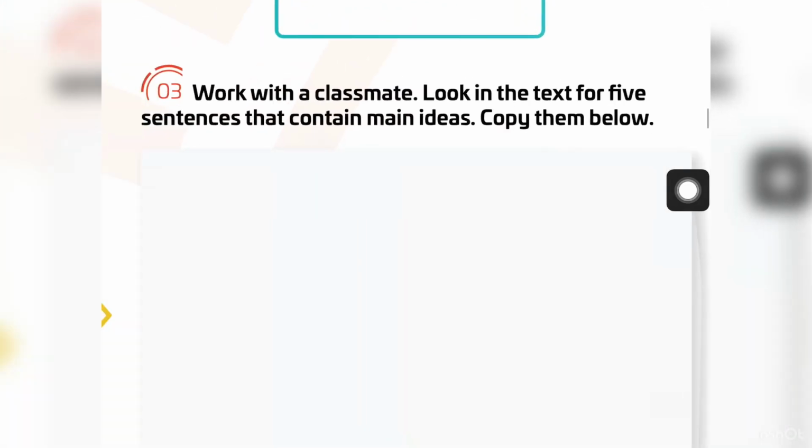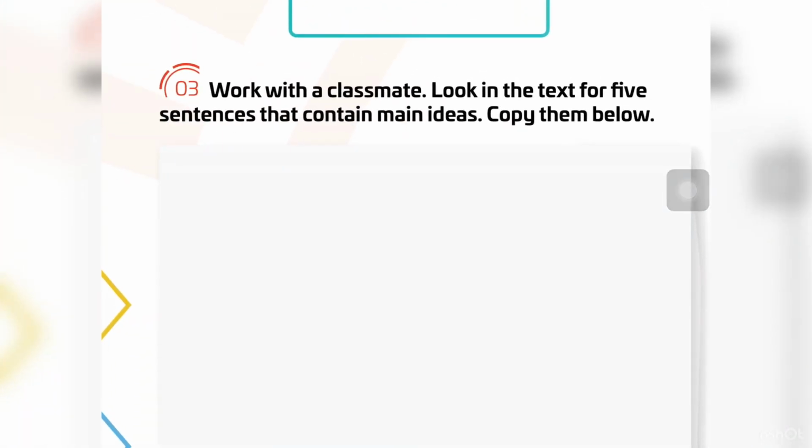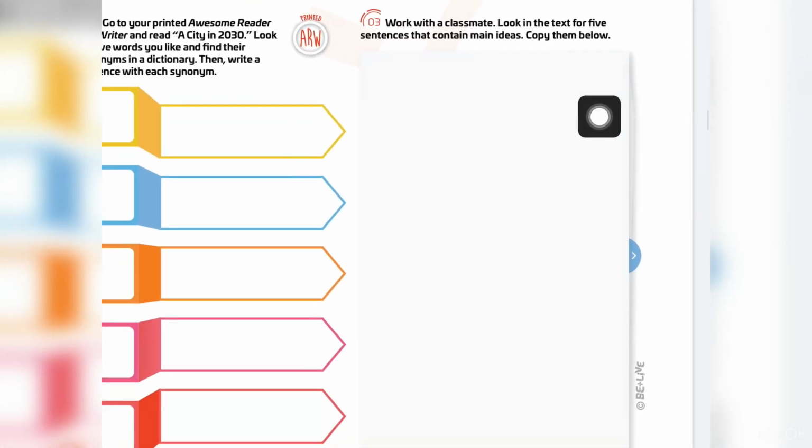Yes? Then, point number 3, work with your classmates. Look in the text for 5 sentences that contain main ideas. We are going to create one text or one paragraph by using all these different sentences, but you are going to give them an order.